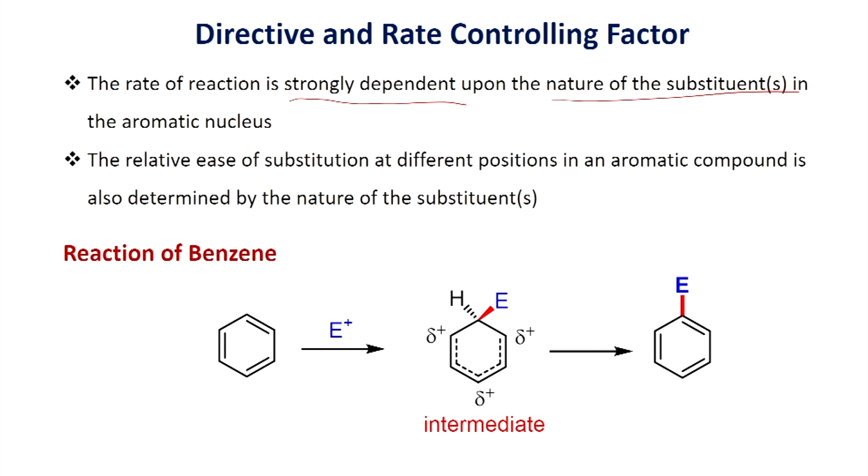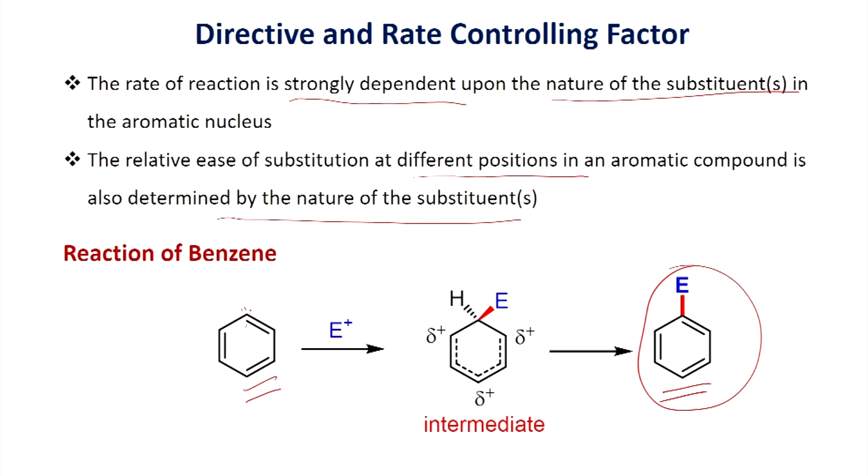If it already has a substituent, it can direct the substitution to different positions. The relative ease of substitution at different positions in the aromatic compound is also determined by the nature of the substituent.